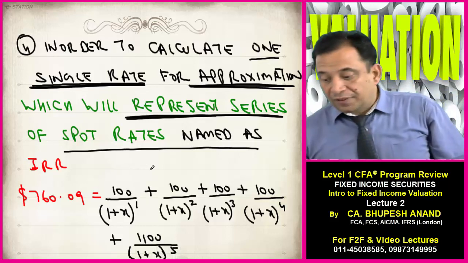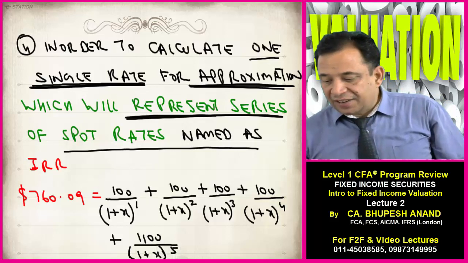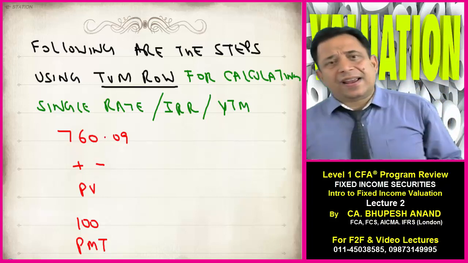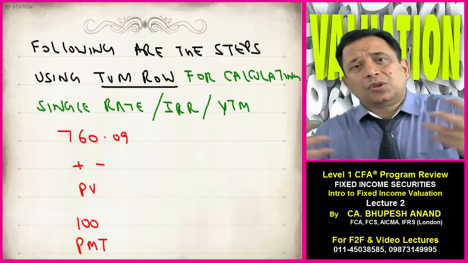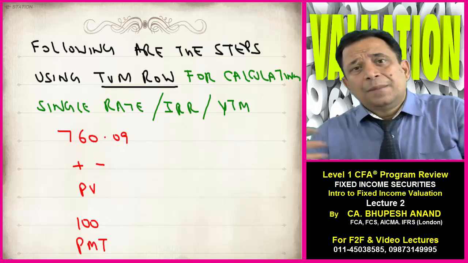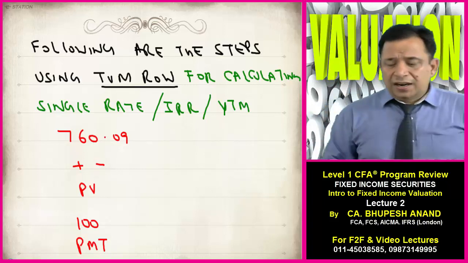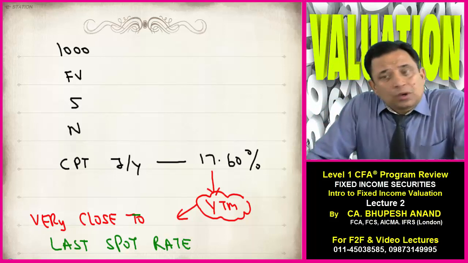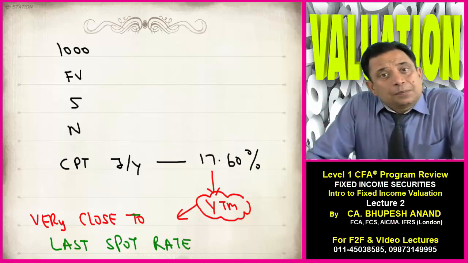Now with the help of the calculator and the IRR function, TVM row, I can calculate the rate IY which will equate this 760.09, with a minus sign because it is the outflow. Present value is 760.09, 100 is the PMT which I am getting, 1000 is the future value, 5 is N, compute IY, and that comes to 17.60.